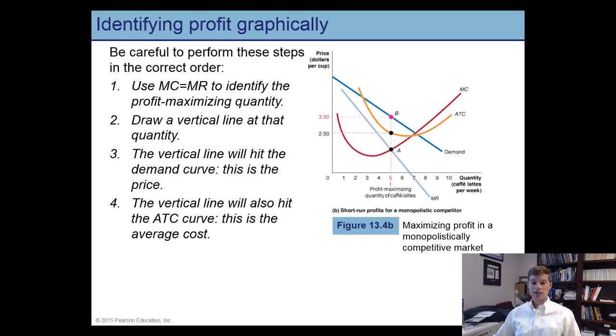The firm can identify its profits by finding the average total cost of producing the profit maximizing quantity. This comes from the firm's average total cost curve. And then profits will equal the units of output multiplied by the profit margin, which is price minus average total cost.